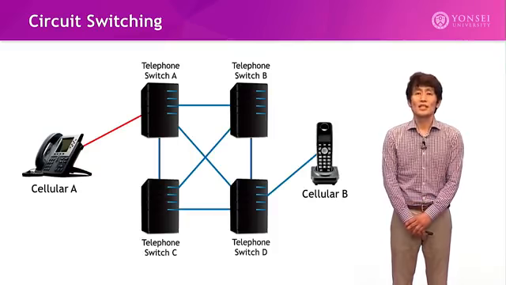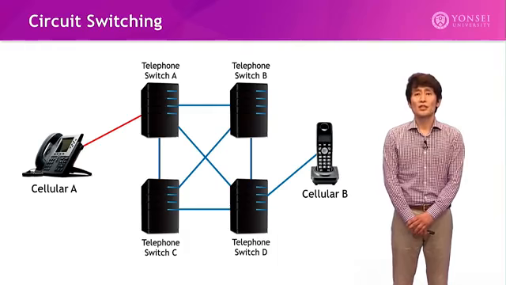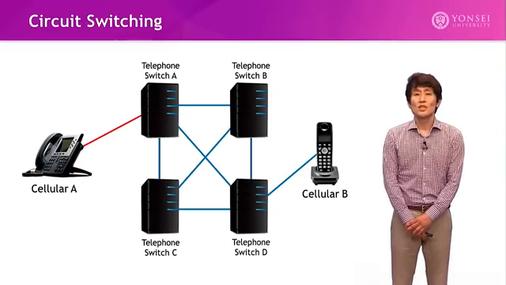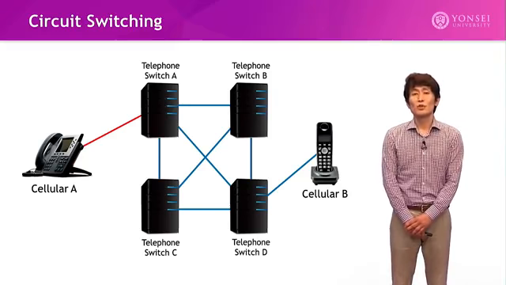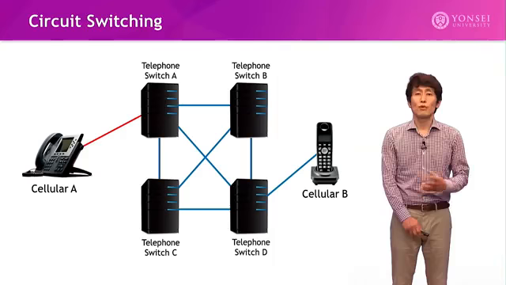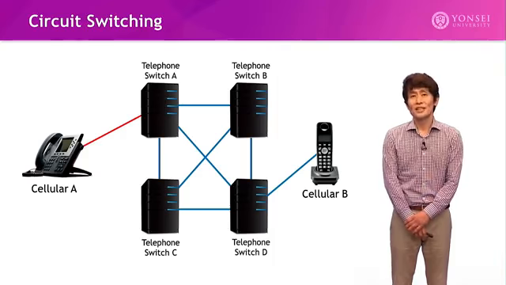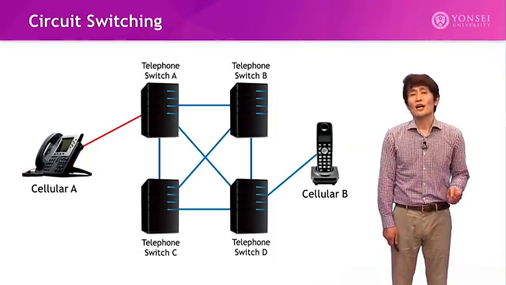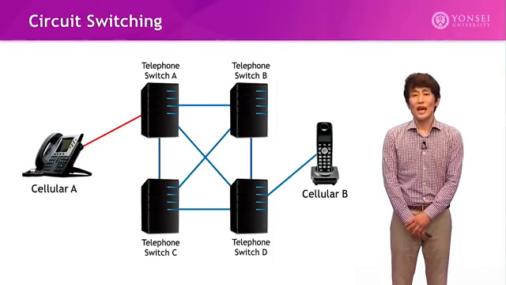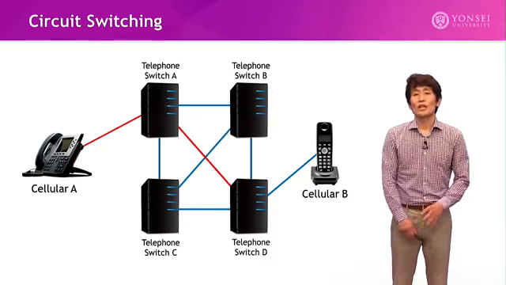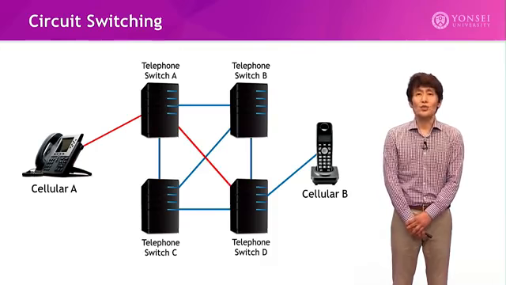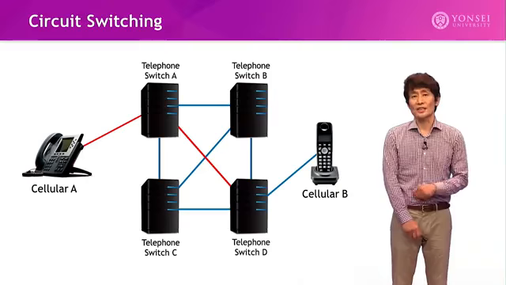So here you can see the many distributed telephone switches. Switch A is connected to cellular user A, and then the telephone switch D is connected to cellular user B. Then if you want to talk from cellular phone A to cellular phone B, then first you are calling the telephone switch A. Then the switch A switches one line between switch A and switch D. That's the red line.